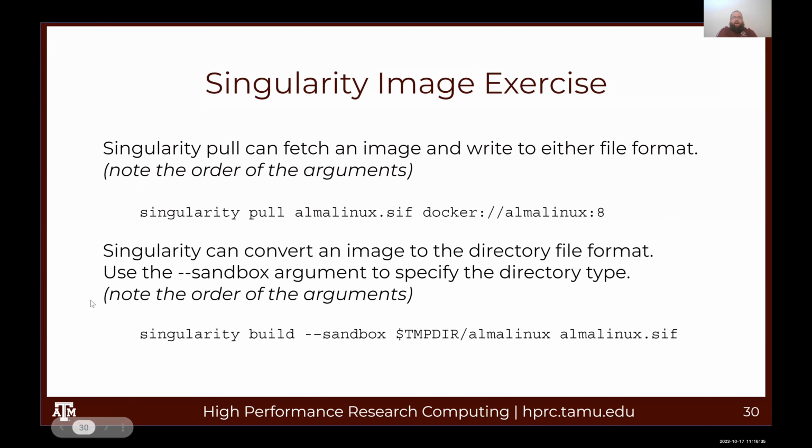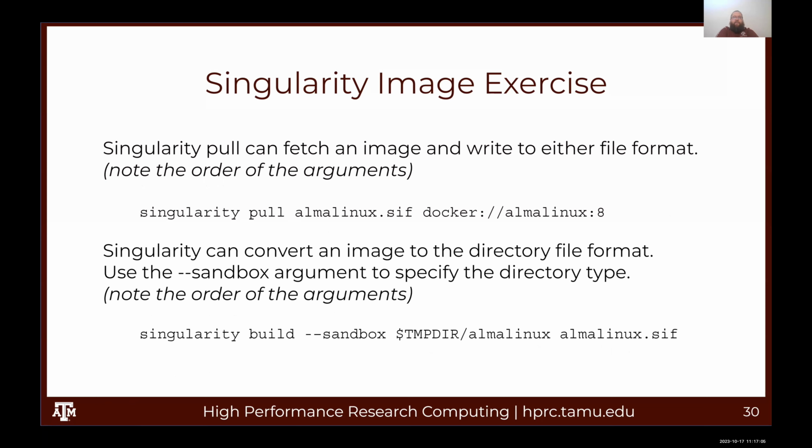The sandbox option says, I'm going to create an image in the directory format. So what do we need to know? Remember somebody asked, can we pull that Alma Linux and save it? Yes, we did need to do that. So if you haven't had a chance, you can pull the Alma Linux now. Go ahead and save it. I named it almalinux.sif in this example. It doesn't matter what you name it. The point of this exercise is to use Singularity build.